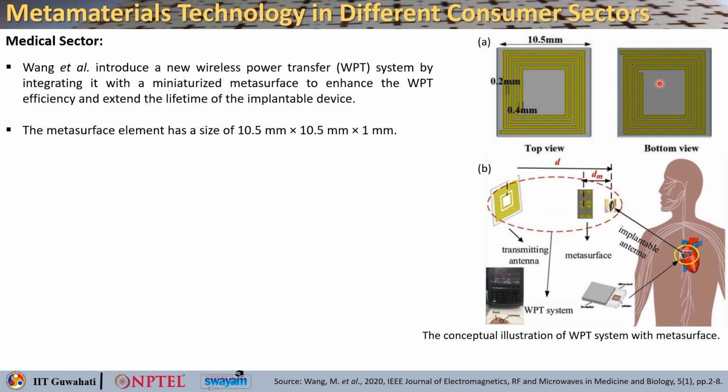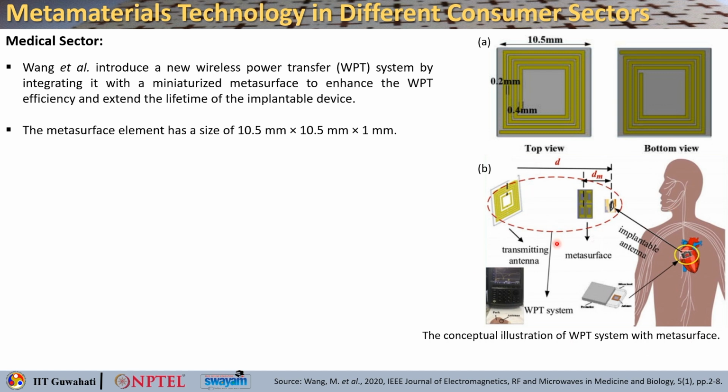And this is the front view, or you can say top view, and this is the bottom view. Similar kind of orientation, but here the metasurface is a group of 4 elements, a 2 by 2 array. And the overall size was 21 mm by 21 mm with 1 mm thickness. And D, this distance, is taken as 50 mm, right.